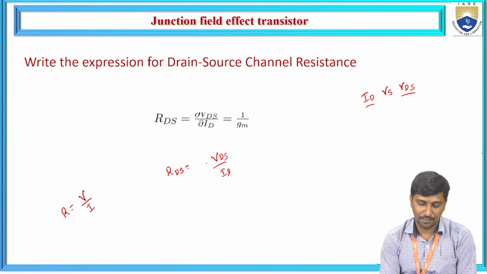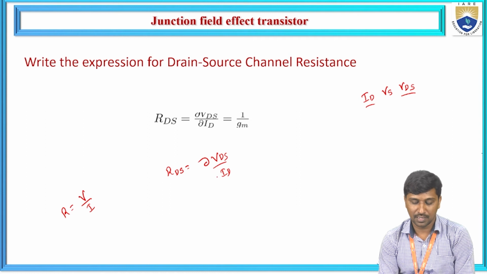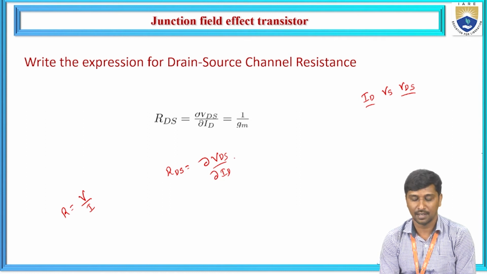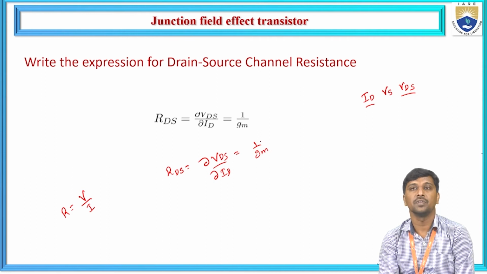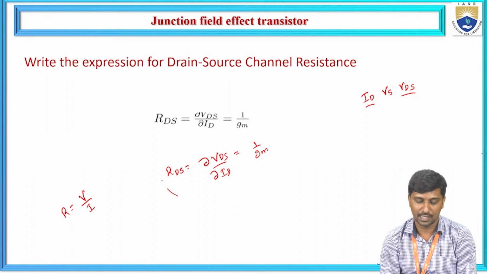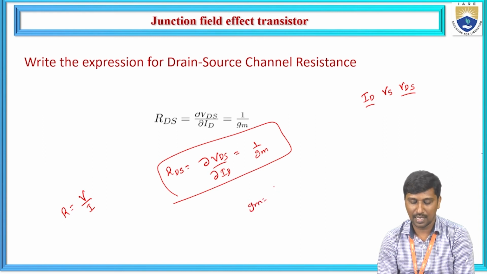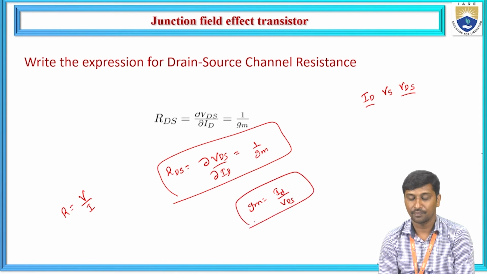How much the drain to source voltage changes with respect to the drain current is the reciprocal of the transconductance. So V by I is nothing but 1 by G. We know that transconductance is ID by VGS.